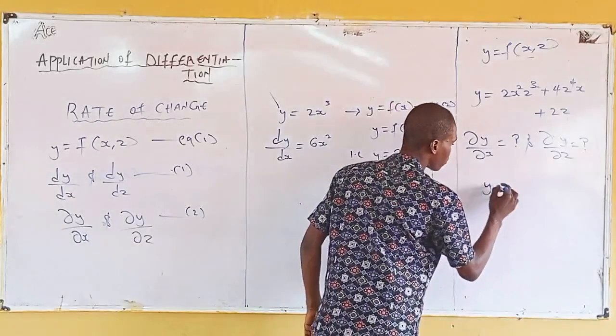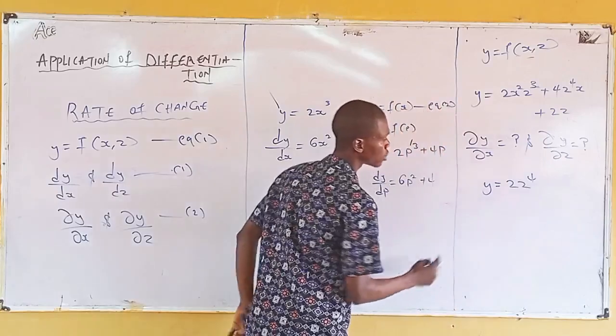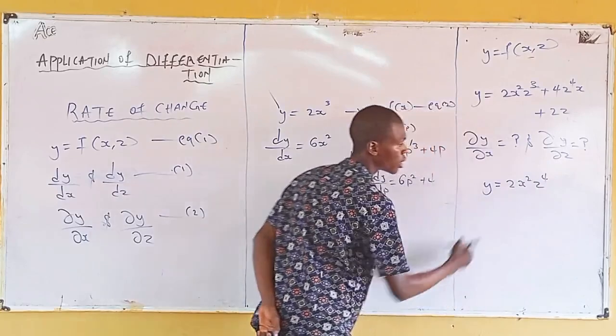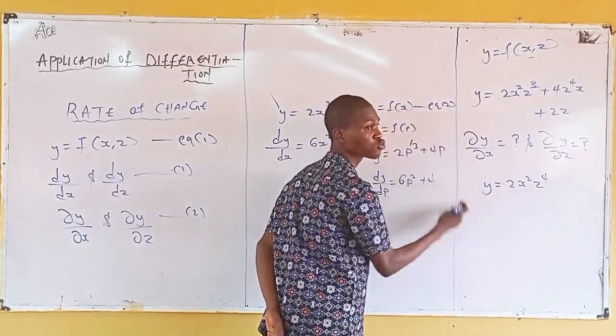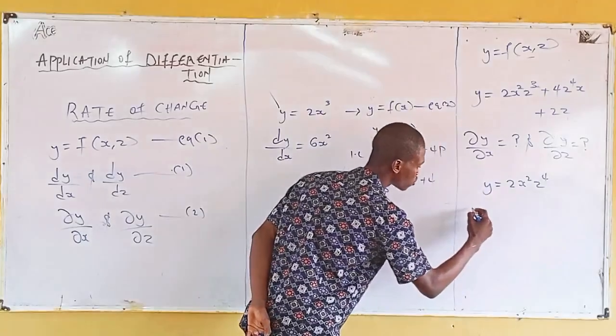Let's say you have y equals 2x squared z raised to power 4. I will differentiate with respect to x and with respect to z.